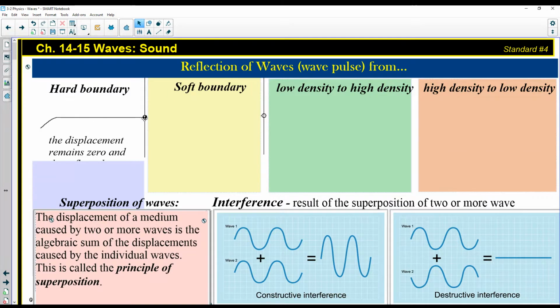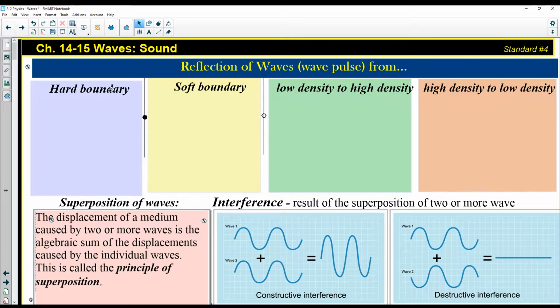If it's attached and cannot move, every time the wave comes, it's going to be shifted by 180 degrees. It's like complete reverse. So if the wave was coming this way and the boundary was hard, it will flip its direction. They say flip the phase or change the phase by 180 degrees and go this way. So that is for the hard boundary.